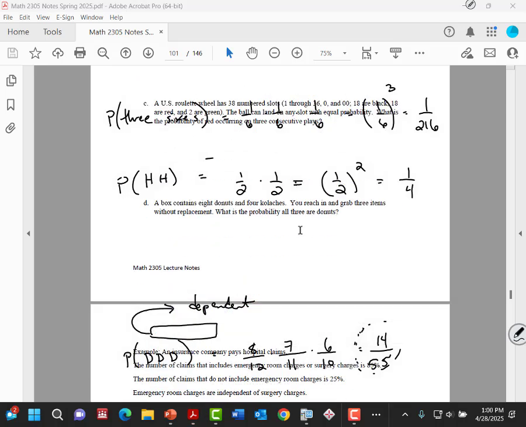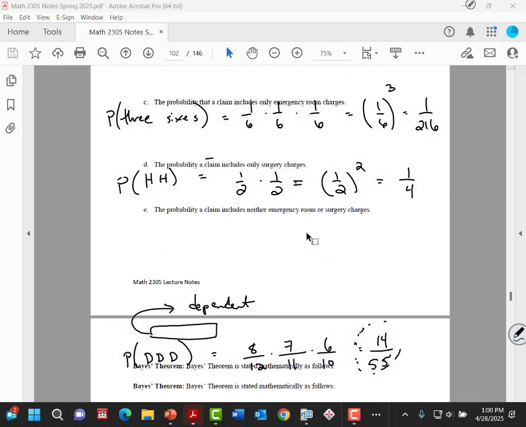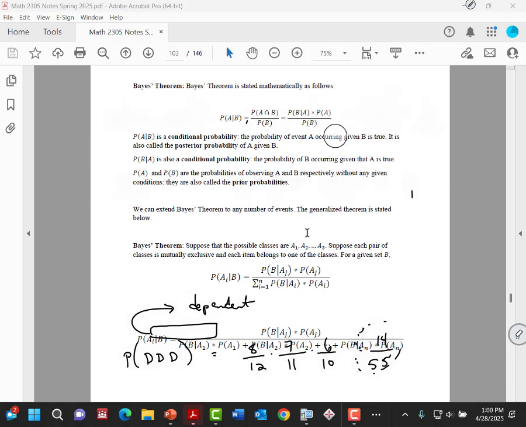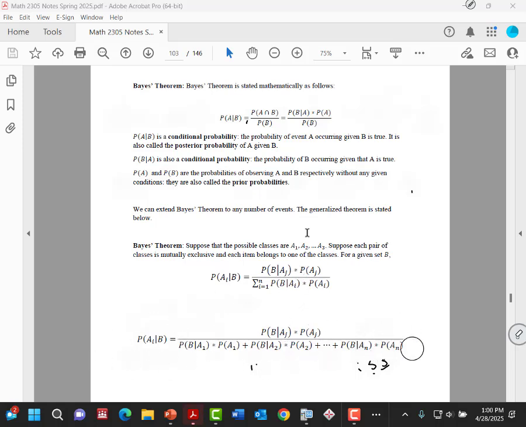Okay, let's move on, and we will discuss something called Bayes' theorem. So Bayes' theorem is stated as follows.